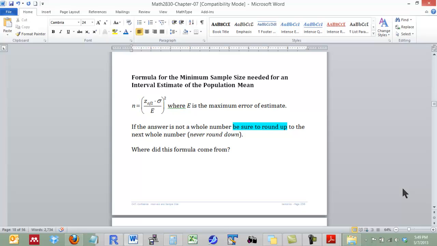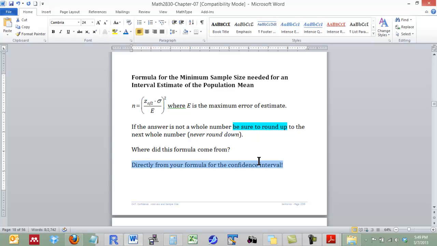And here's your formula. This comes directly from your confidence interval formula. If you want a challenge, for those of you interested in going through some algebra, see if you can go from the confidence interval and derive this formula.